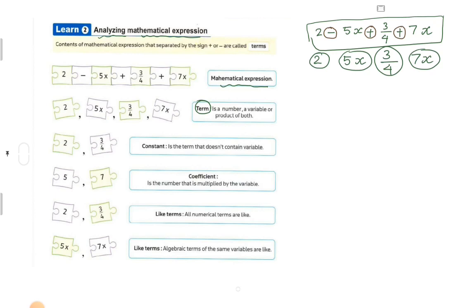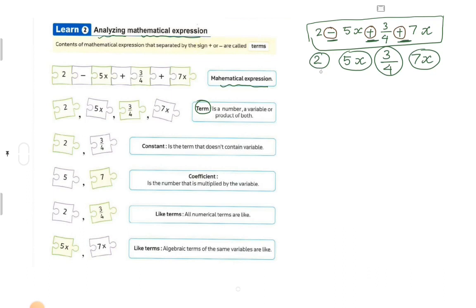Note that we have here negative, positive and positive signs. So a term is a number or a variable or a product of them.